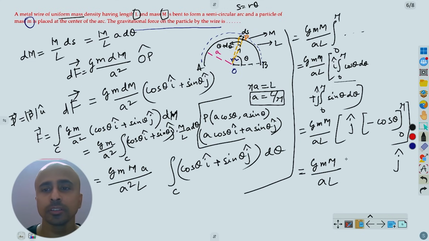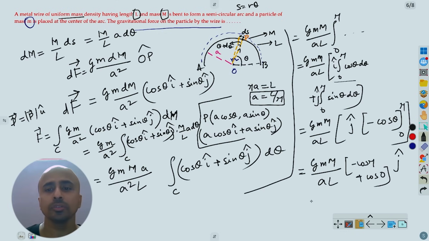Now if we simplify this, this is basically minus of cos pi, and minus and minus is plus, of cos 0, okay.